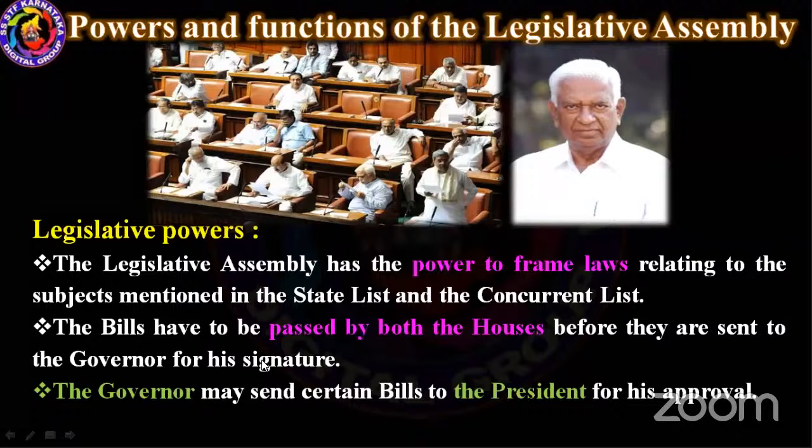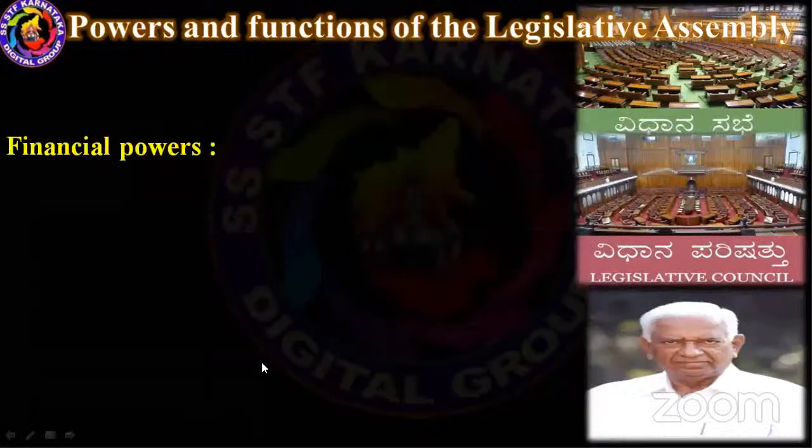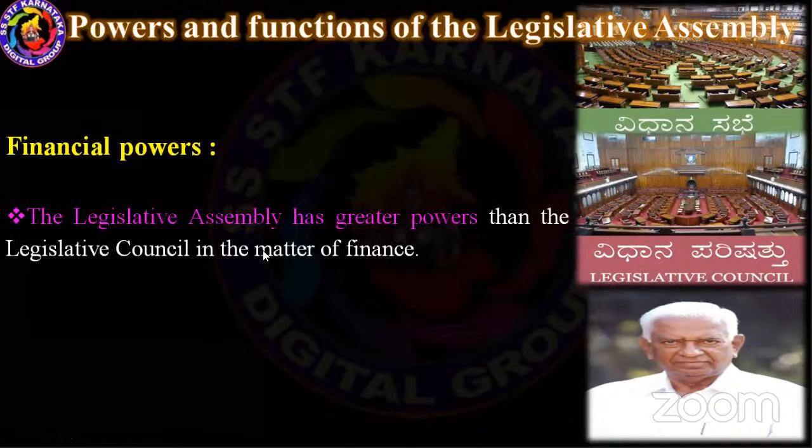Now, next are the financial powers. The next important power is financial powers. The legislative assembly has greater powers than the legislative council in the matter of finance. It has more rights on the financial bill than the legislative council.